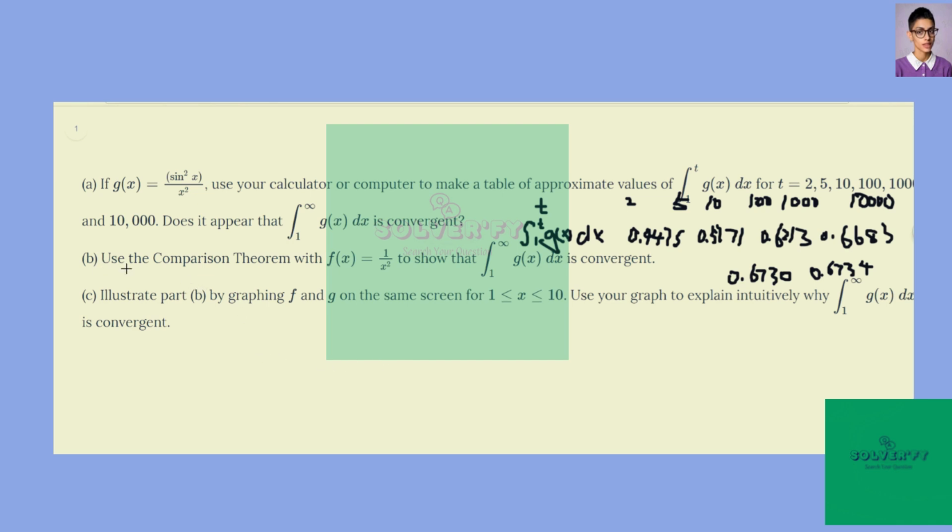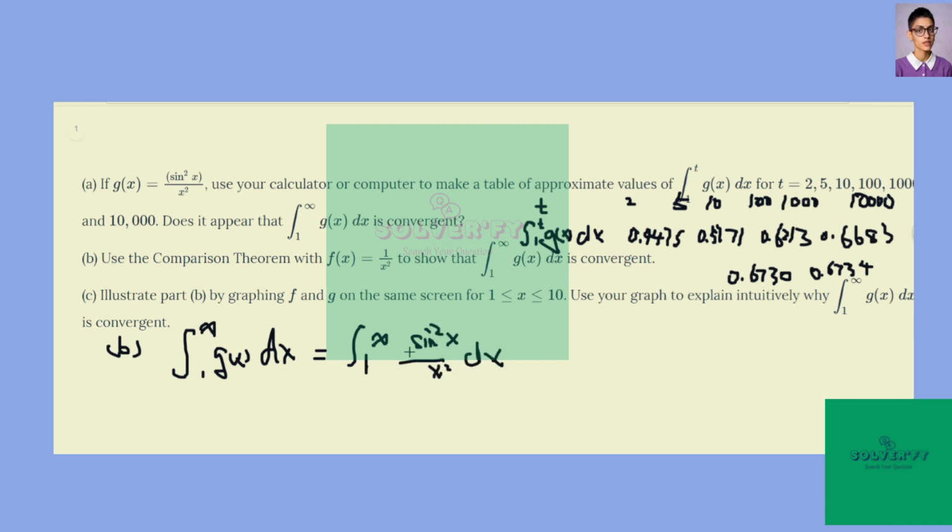For B, use the comparison theorem with f of x equal to 1 over x squared to show that this improper integral is convergent. For part B, we know the integral of g of x from 1 to infinity dx is equal to the integral from 1 to infinity of sine squared x over x squared dx.